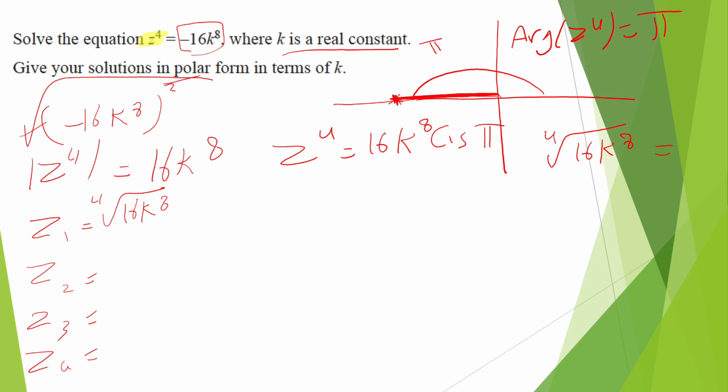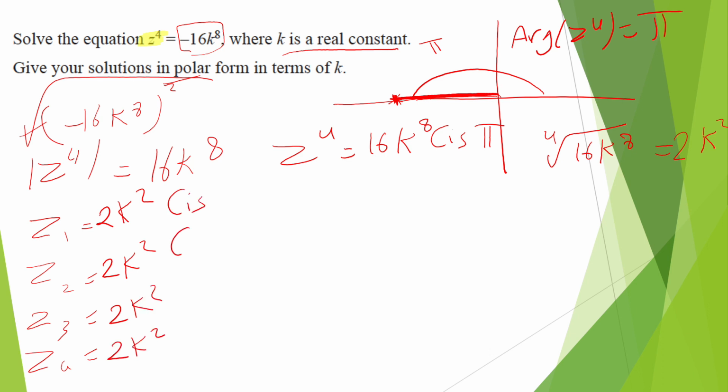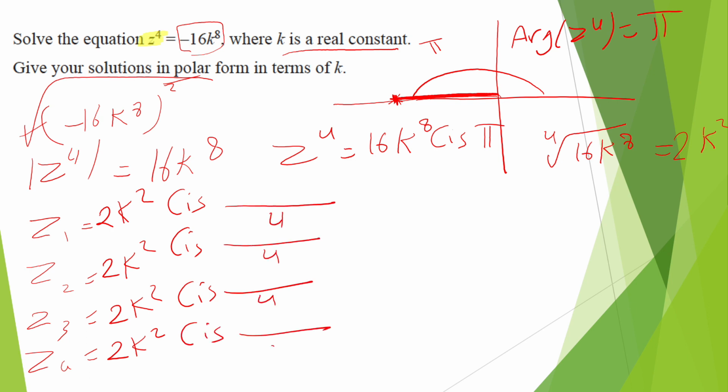So the 4th root of 16 is 2, and k to the power of 8 all to the power of a quarter will give me k squared. So therefore my modulus for each one of those solutions will be 2k squared, 2k squared, 2k squared, and 2k squared. And then I'll write cis, cis, cis, and cis. And now all will have to be divided by 4 because it's the 4th root.